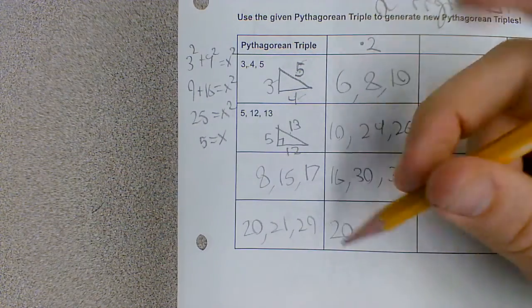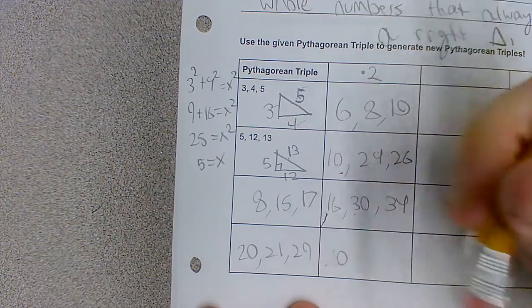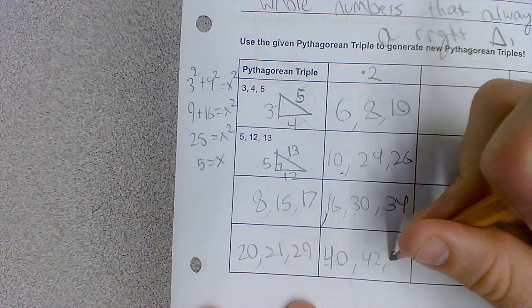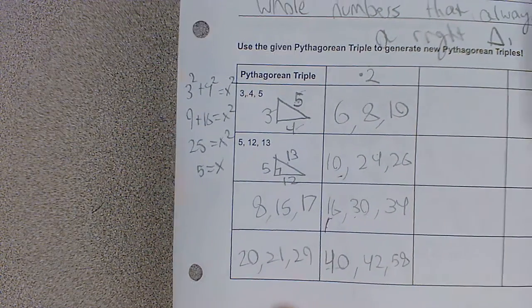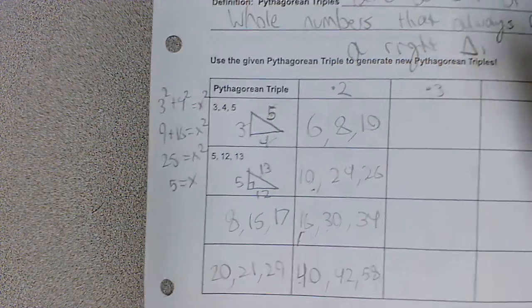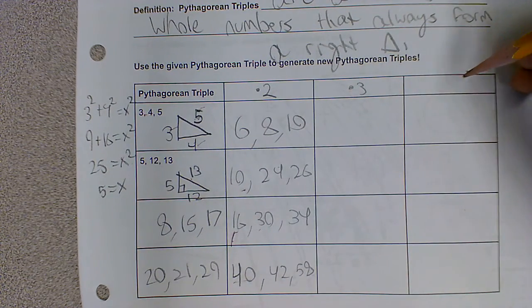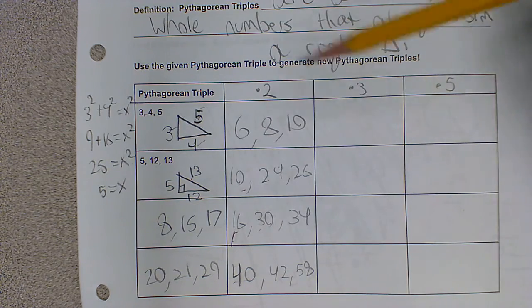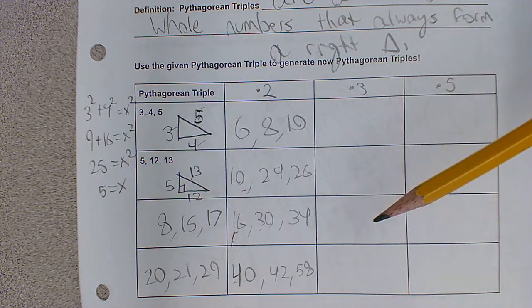And 40, 42, 58 is also a Pythagorean triple. That's true for times 2, for times 3. It works for times 4, times 5, times whatever. Any multiple of a Pythagorean triple is also a Pythagorean triple.